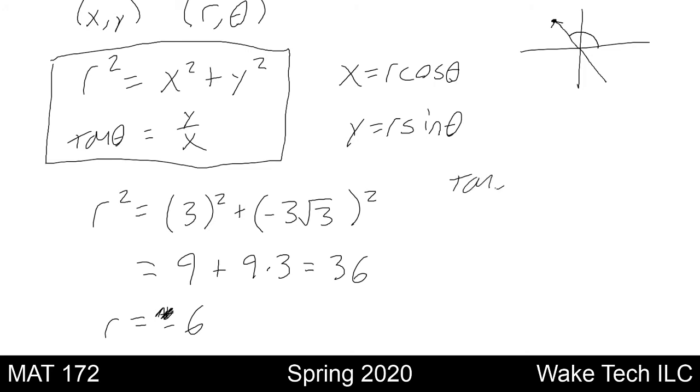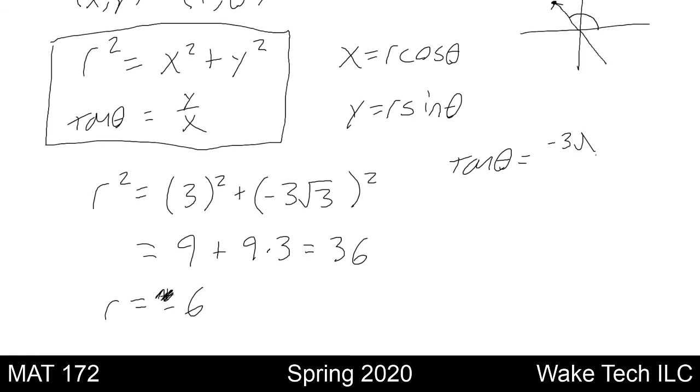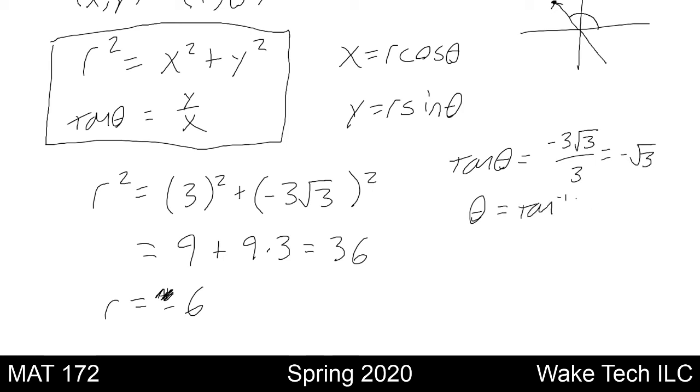So we know that tangent theta is equal to y over x, so it's equal to, for us, negative 3 square root of 3 over 3, which is just negative square root of 3. Alright, knowing that, we can take a tangent inverse and get theta is equal to tangent inverse of negative square root of 3.